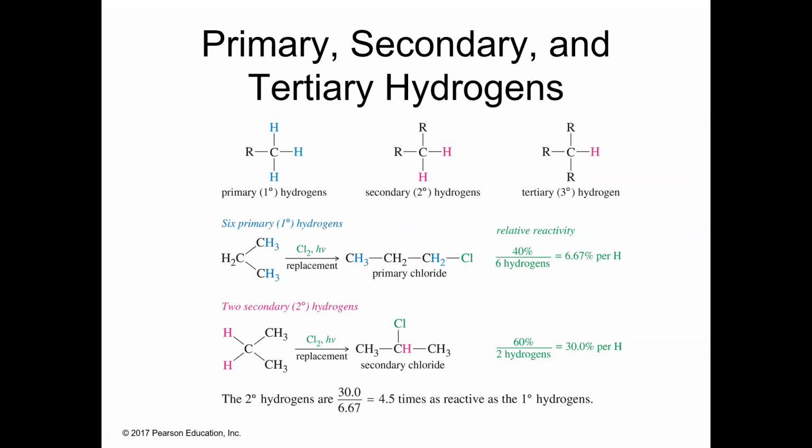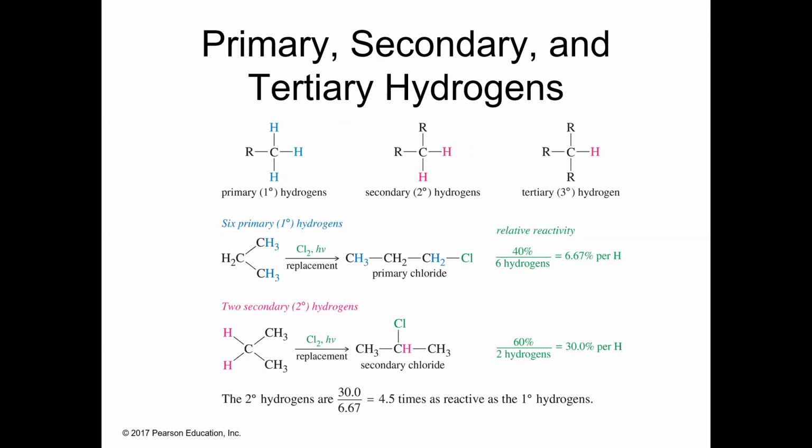This is an important concept, especially when we start to talk about different functional groups. It's important that you recognize primary, secondary, tertiary hydrogens and carbons. The other class would be a methyl. Primary hydrogens are on a primary carbon.